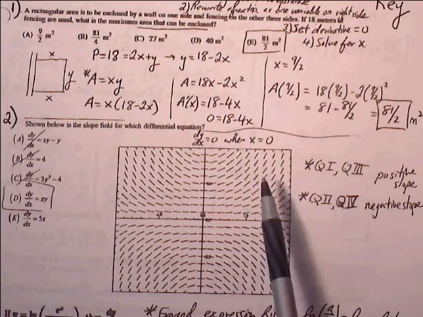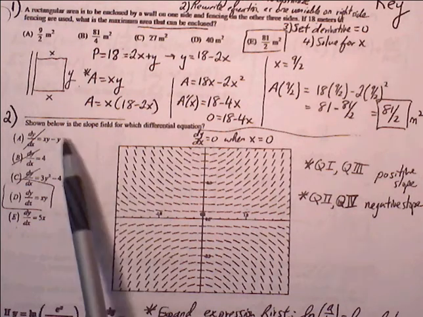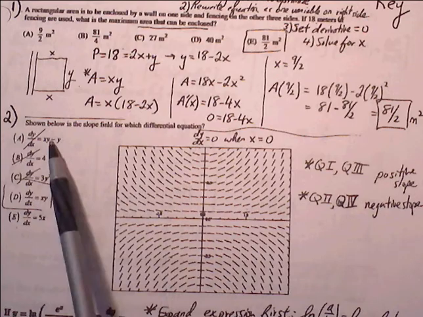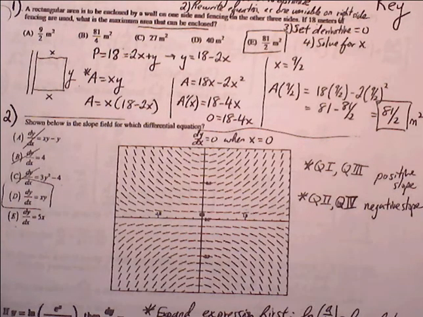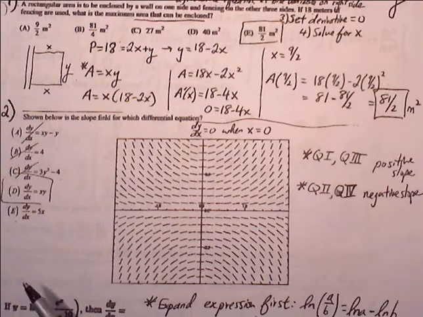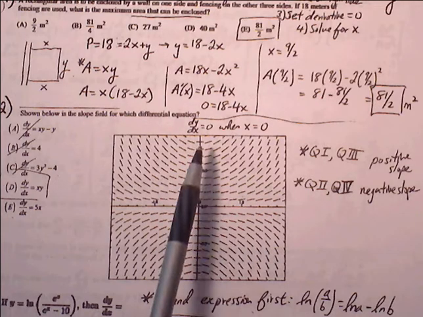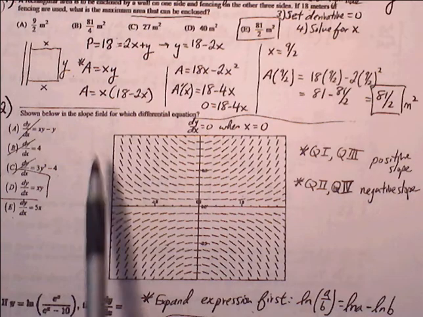So rather than testing out every ordered pair and seeing which one is correct, if we can identify some general patterns, then we can use those pattern characteristics to help us narrow down our choices.